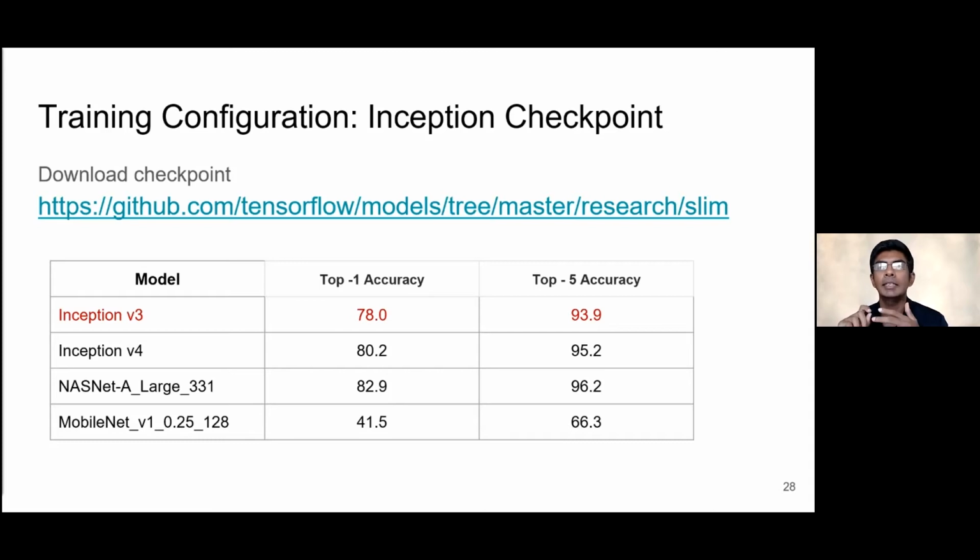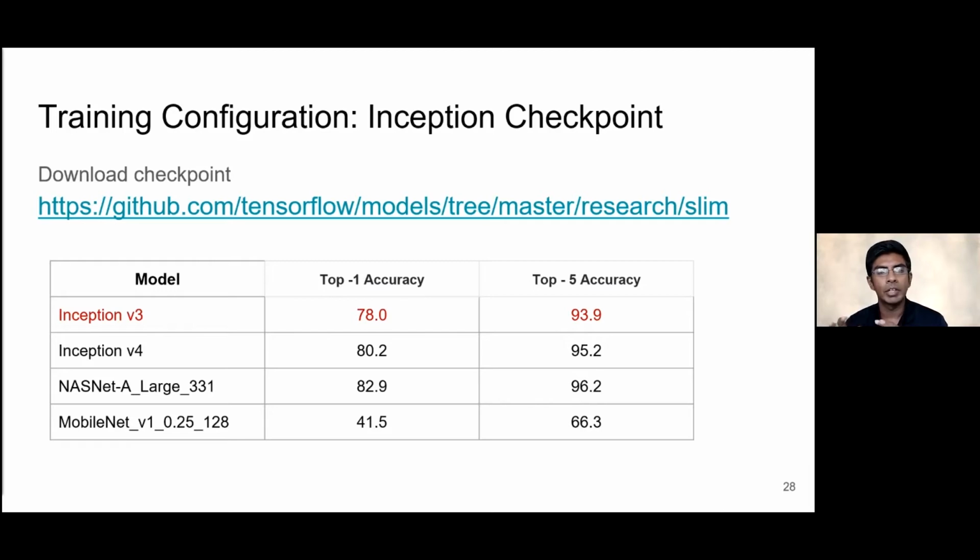So there is a 93.9% chance that the machine would get it right, that at least one phrase would be right in that top 5. Top 1 accuracy is when the machine outputs those 5 phrases, it ranks them accordingly. So top 1 accuracy is the probability of the first one being accurate, which is 78%.